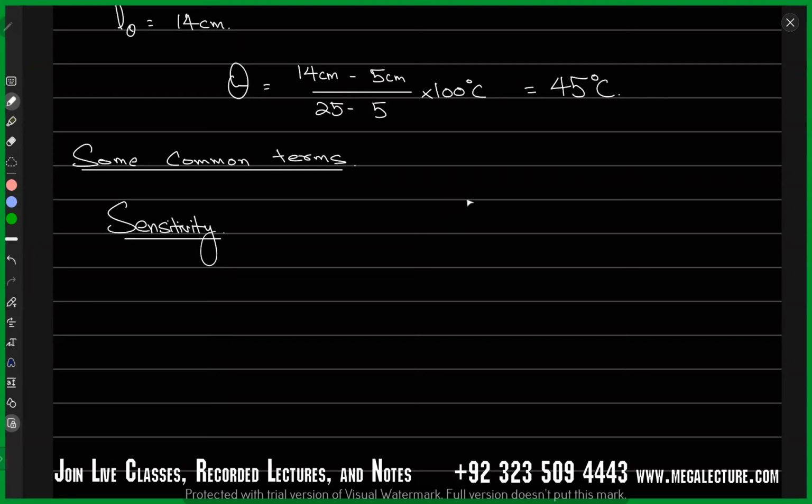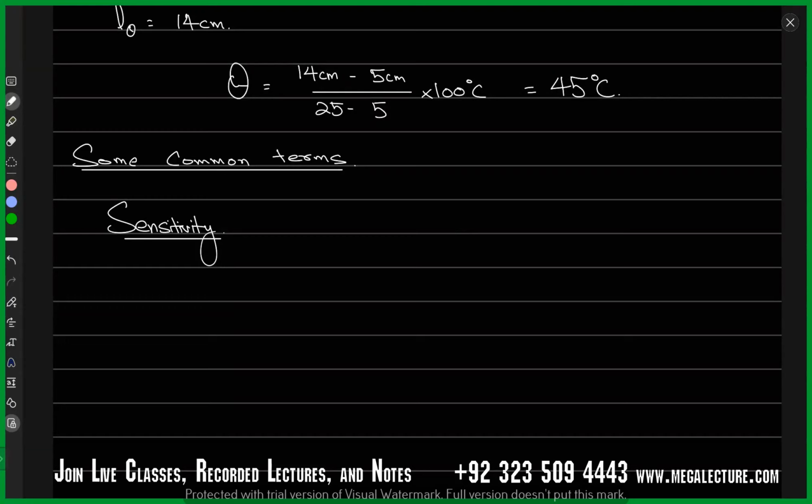So the higher the sensitivity, the better the thermometer, because it will be able to measure even smaller changes in the temperature. Because if there are those changes in temperature, how will we measure them? By the changes in the length of the mercury thread, right?